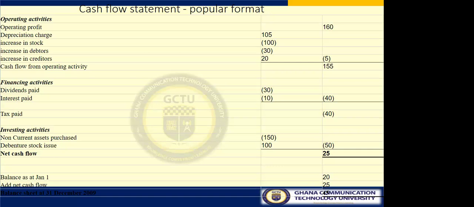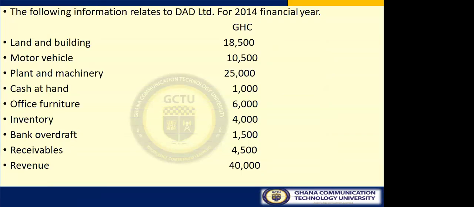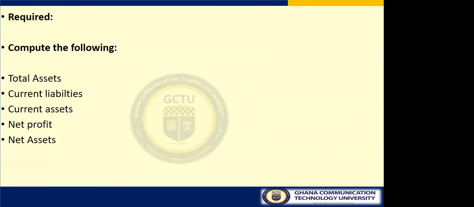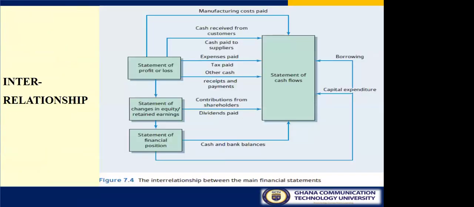Then investing activity: non-current asset purchased, debenture, stock issue, giving the net cash flow. It's an example. This is a question I just put here, try it when you are free.